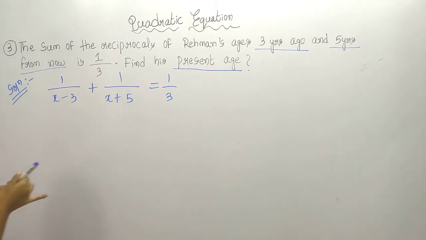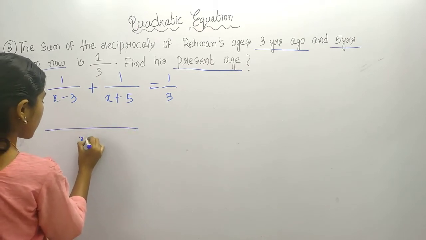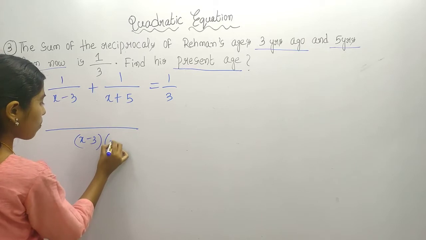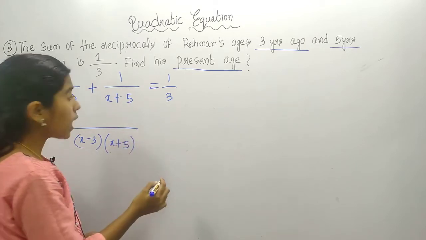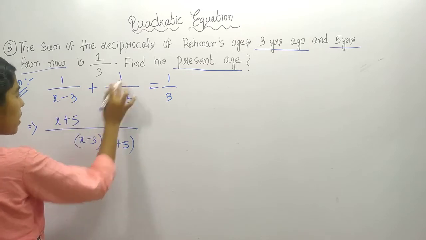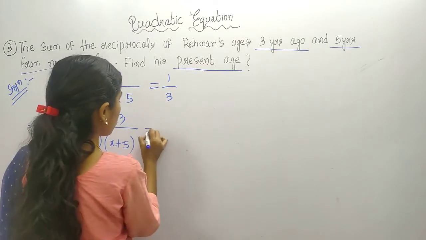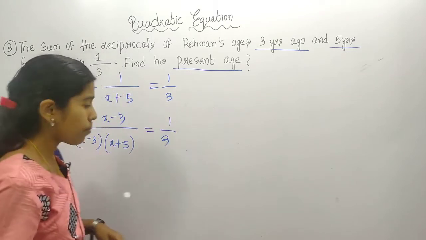Okay. So see what will happen. See here LCM will be x minus 3 into x plus 5. Yes? On the upper side, x plus 5 plus x minus 3, into 1, equals to 1 divided by 3. Next.